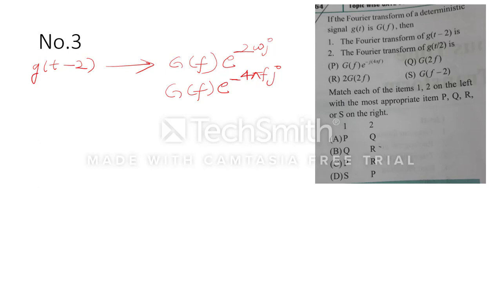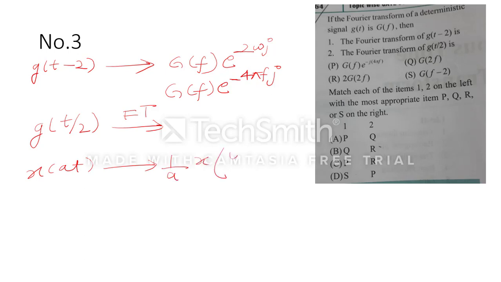But here you can see that in A and C, in both cases P option is given, so we need to check the second one. For the second, g(t by 2) is there. We need to find the Fourier transform for this function. If you remember the scaling property of the Fourier transform, for x(at) the Fourier transform is 1 by a X(omega by a).